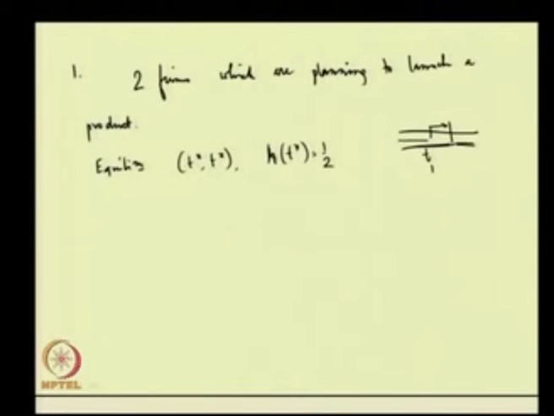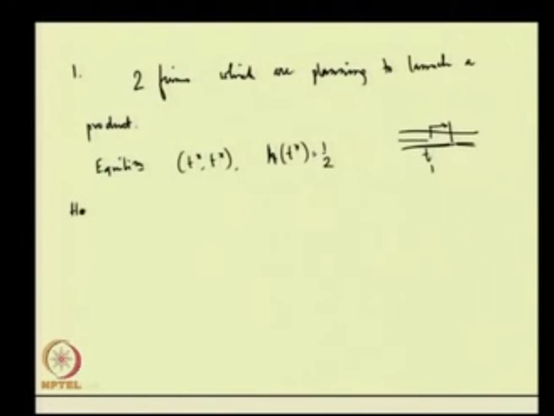And what is the property of this T star? At T star, a firm, if it launches its goods at T star, it gets half of the market. This half represents that share of the market. Now, this was the case where if the time is the same, then the market is shared in equal parts.